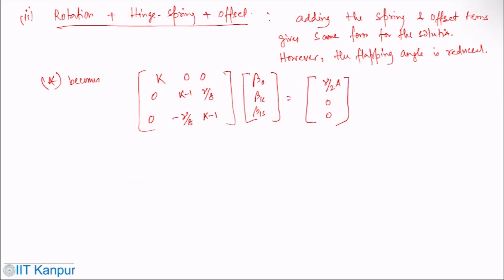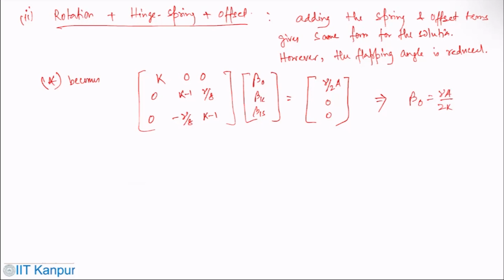The solution here is beta naught is gamma a by 2k. So the coning angle now results from a balance between the aerodynamic moment on the one hand, and the centrifugal force and the hinge spring moments opposing them.